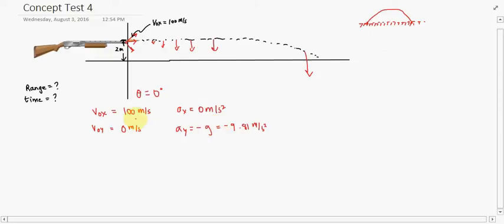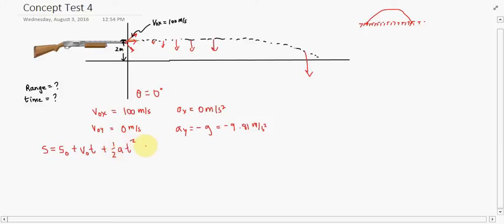So most of our components deal with the y direction. Again, we'll use our fundamental equations. Let's start off with this change in position. The final position is equal to the initial position plus the initial velocity times time plus 1/2 acceleration times time squared.